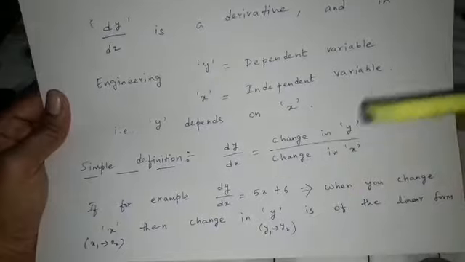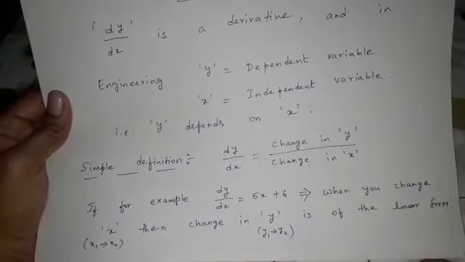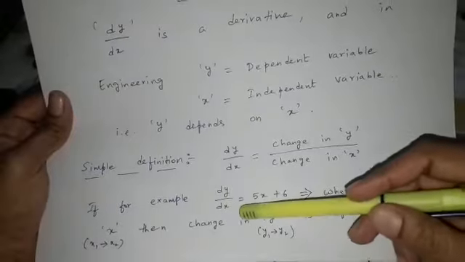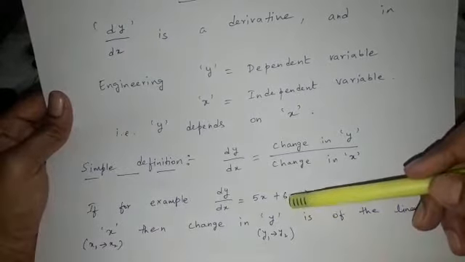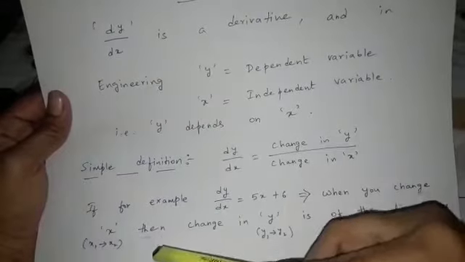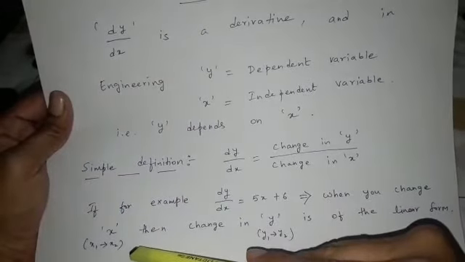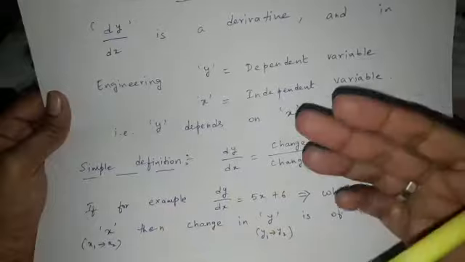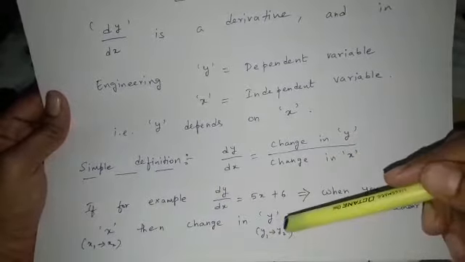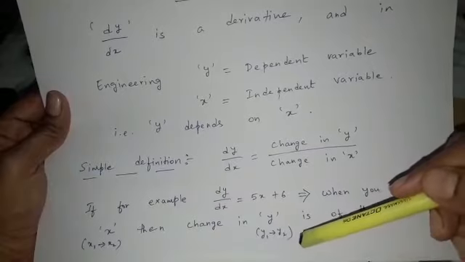For example, if dy over dx is equal to 5x plus 6, the meaning is very simple. Suppose there is a change in x from x1 to x2, then there will be a change in y from y1 to y2.